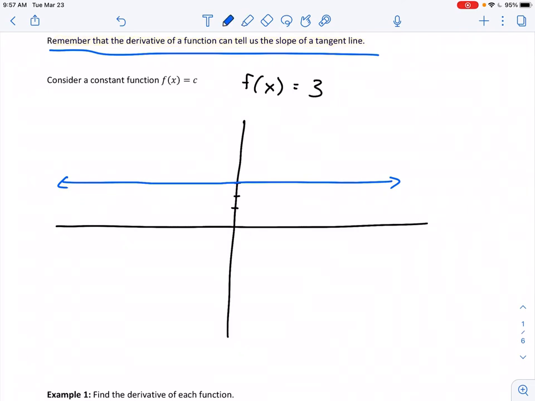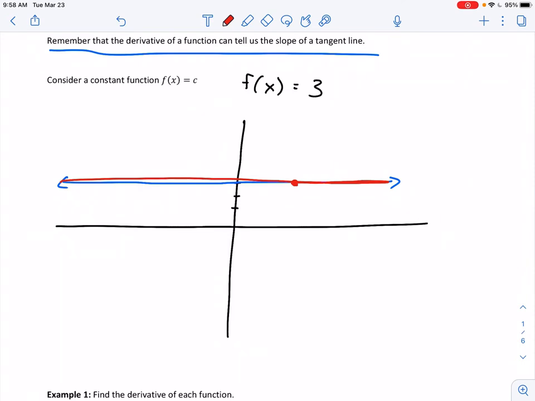Now, if I had chosen to sketch in the tangent line, let's say right here at this particular x value, it might seem kind of silly because I'm already working with a line, but my tangent line would just fall right on top of the function.